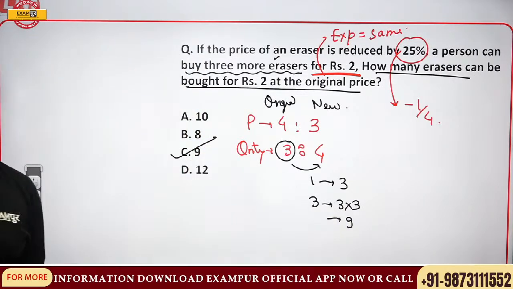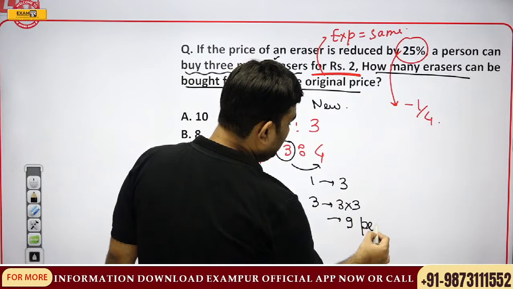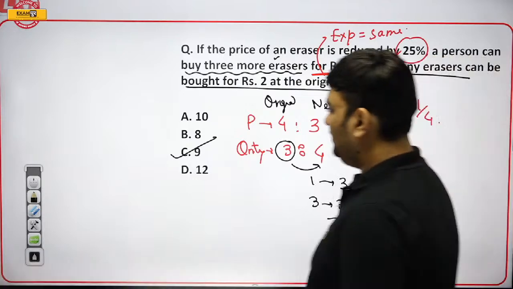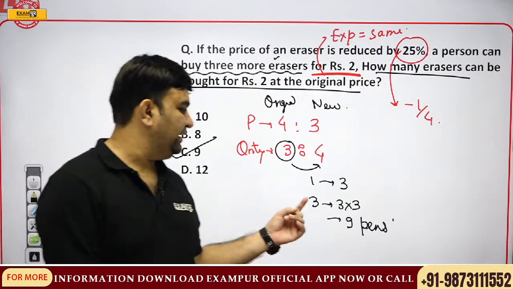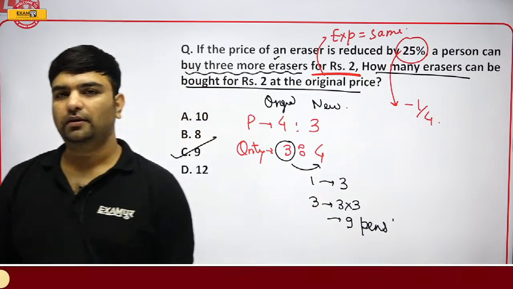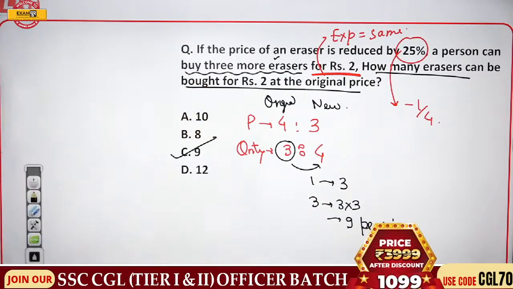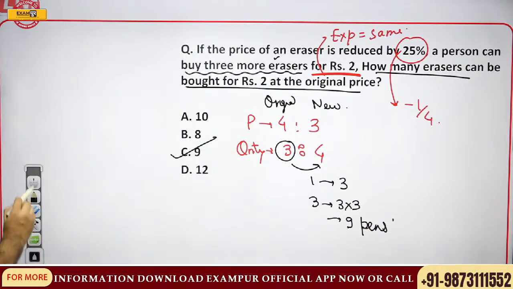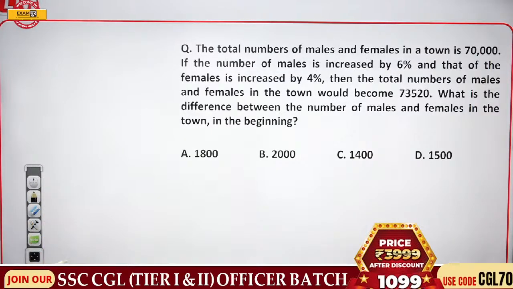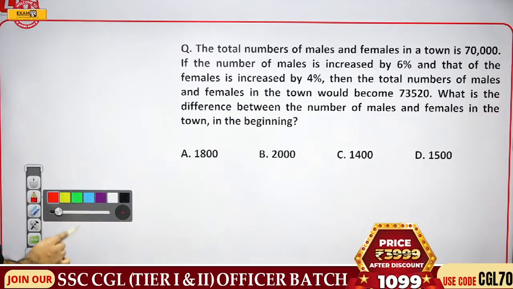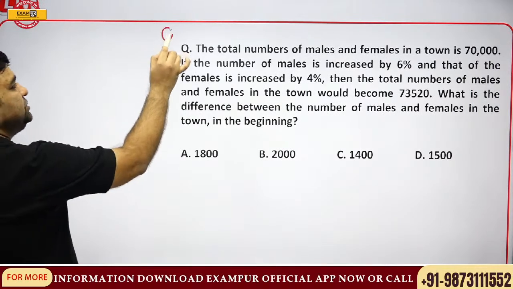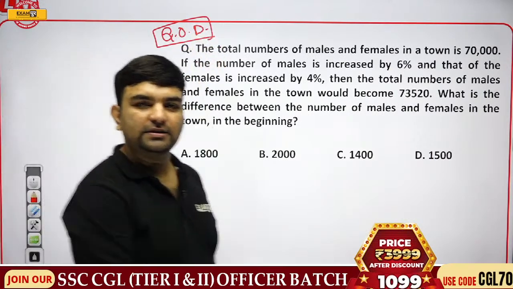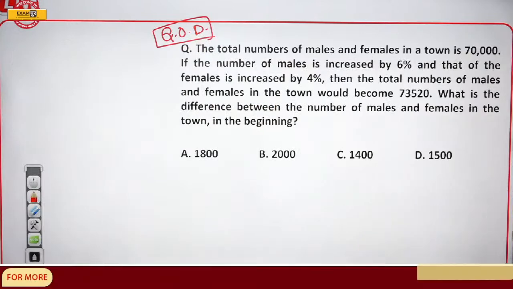Original quantity is 9. If they ask the final quantity, you will say 1 is 3, so 4 is 12. Final quantity is 12. Great. It can become the question of the day. It has all the caliber to become the question of the day.